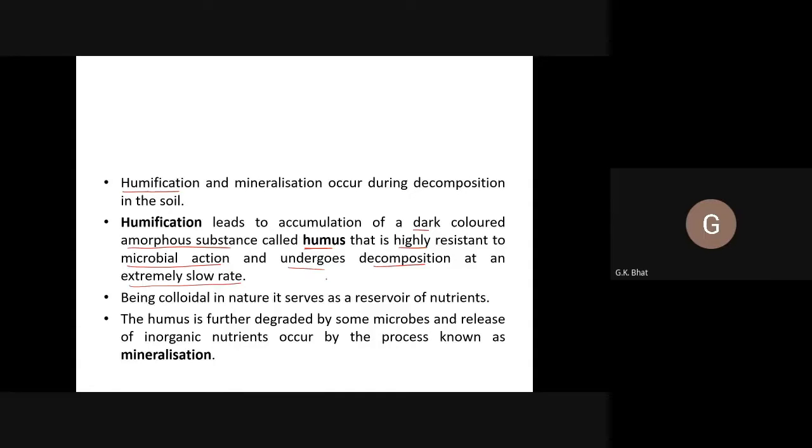Remember, just for the formation of humus, one foot by one foot by one foot, one cubic foot of humus, it requires 1000 years.